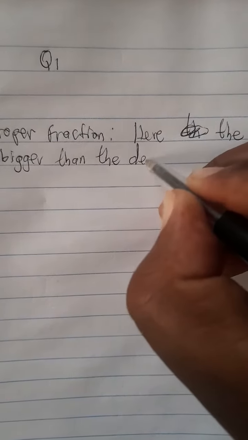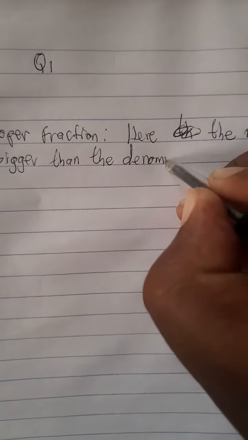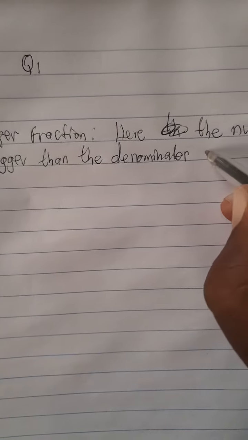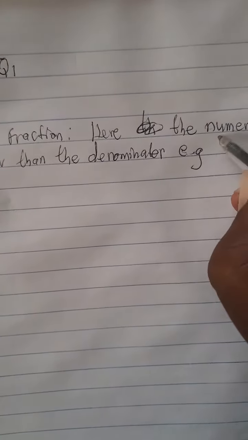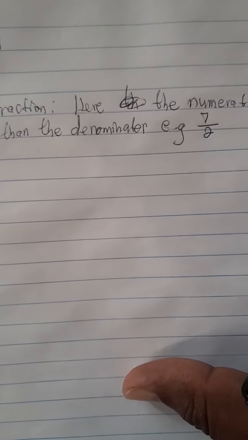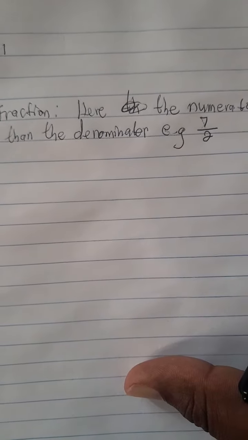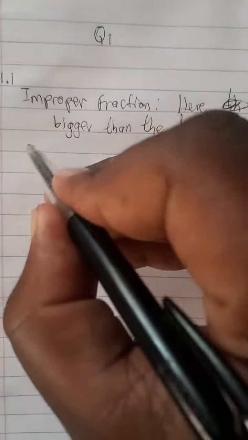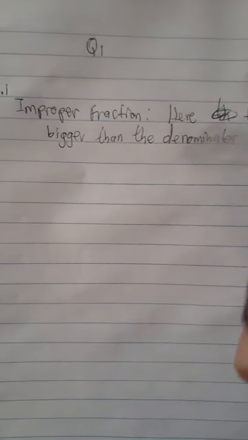For example, that will be 7 over 2. We can see that 7 is bigger than the denominator, which is 2. That's one of the differences that we can see.